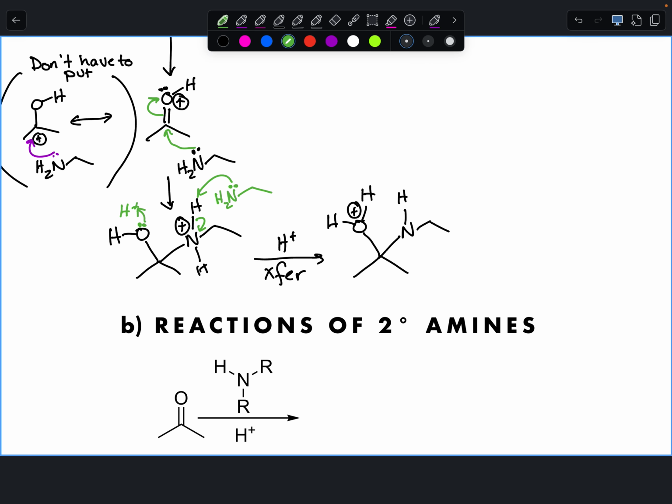Yeah, it's always going to be between the carbonyl carbon and the most substituted carbon. Okay? So this is going to be your favored product versus where we put the oxygen in between the carbonyl and the methyl group. That is going to be not formed.